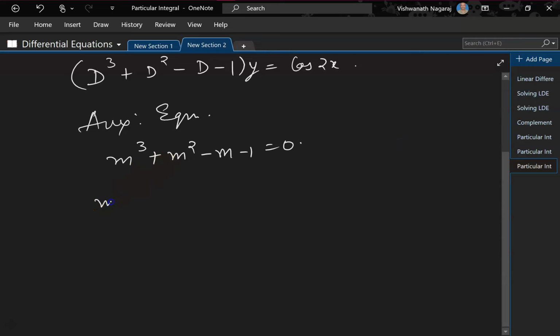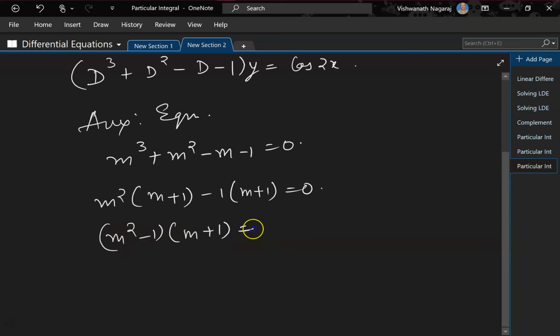We get m²(m + 1) − 1(m + 1) = 0, and this would be (m² − 1)(m + 1), or let's do it like this itself: (m + 1)(m − 1)(m + 1) = 0. So which means we have repeated roots.